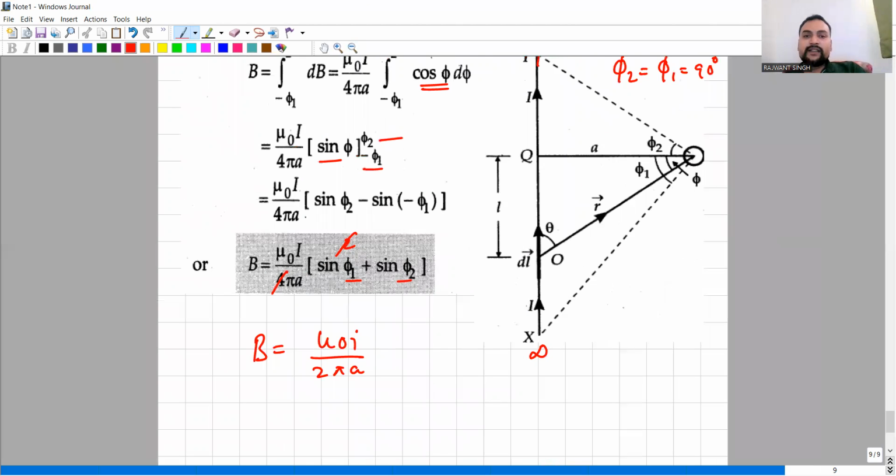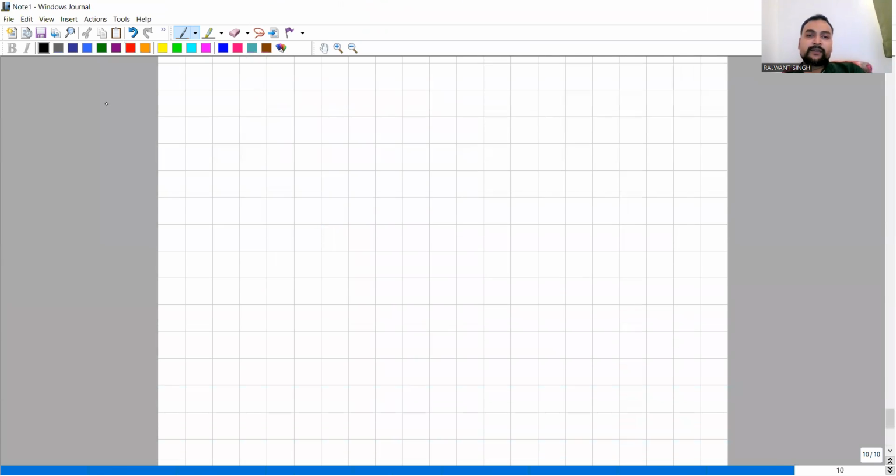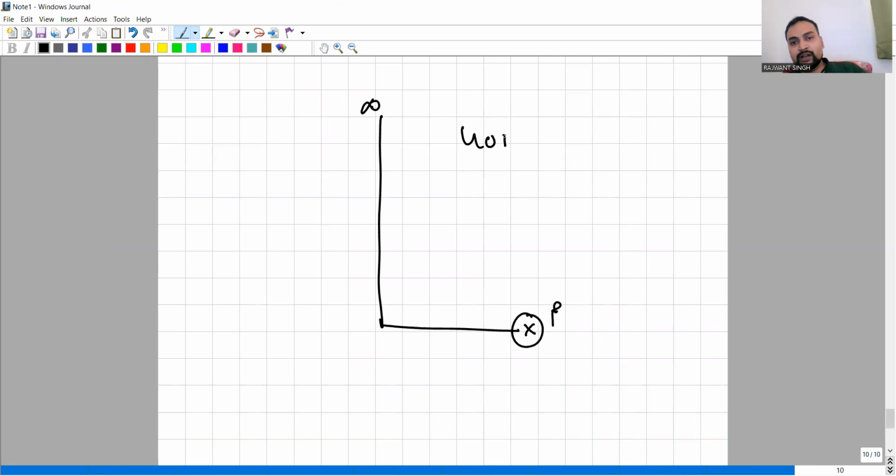If you're doing the same thing for one end of the wire, that means one end is infinite and the other end is not infinite, and you are finding the magnetic field at this point P. Then your formula is again mu naught I by 4 pi A, sin phi 2 plus sin phi 1.